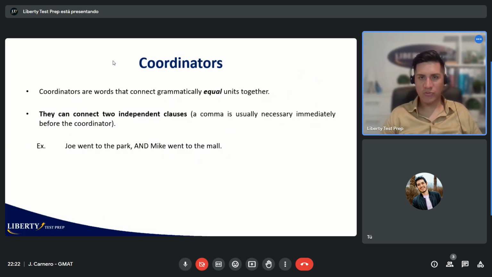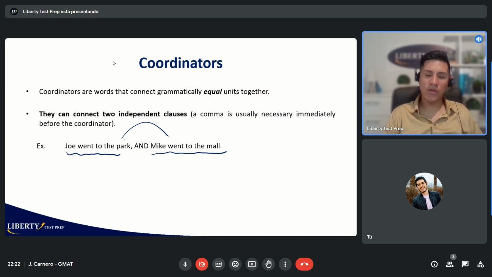So the coordinators make two sentences or two clauses equal in relevance. When you are coordinating two sentences, you are saying that both of them are equally important. That's different from the subordinators, which say that one sentence is more important than the other.